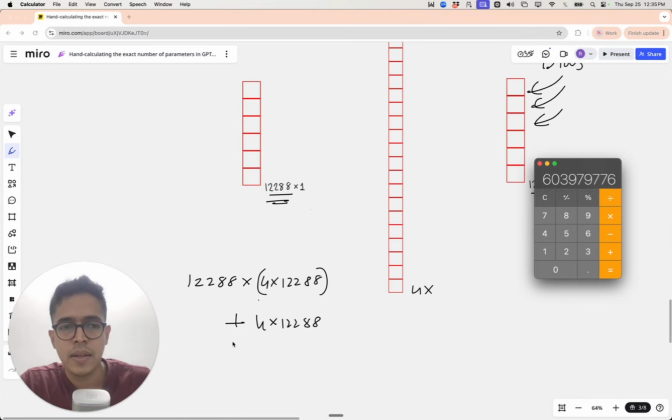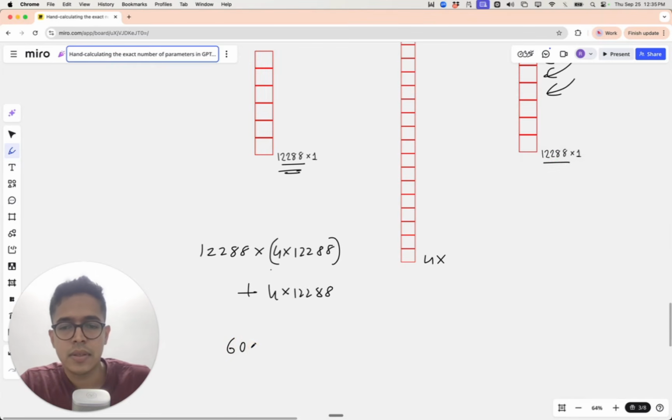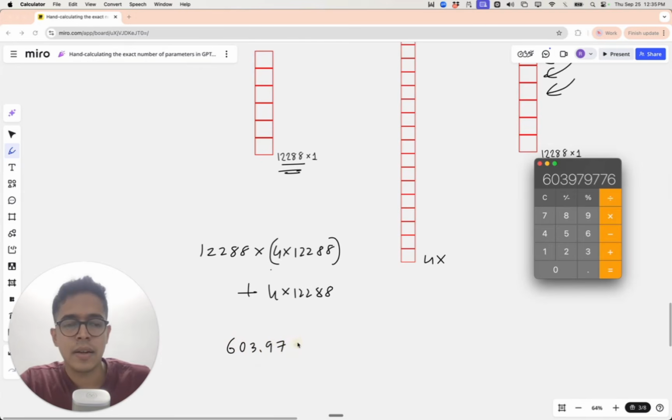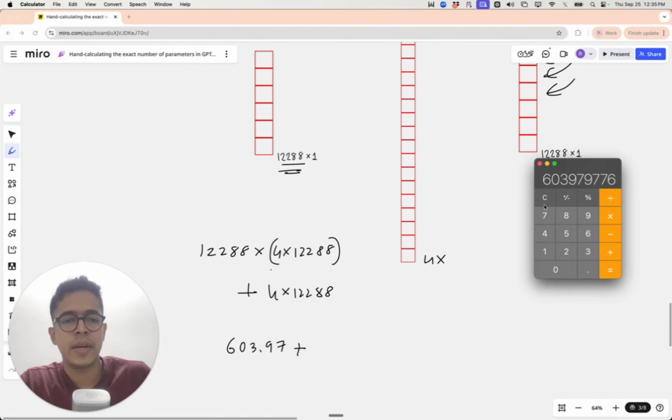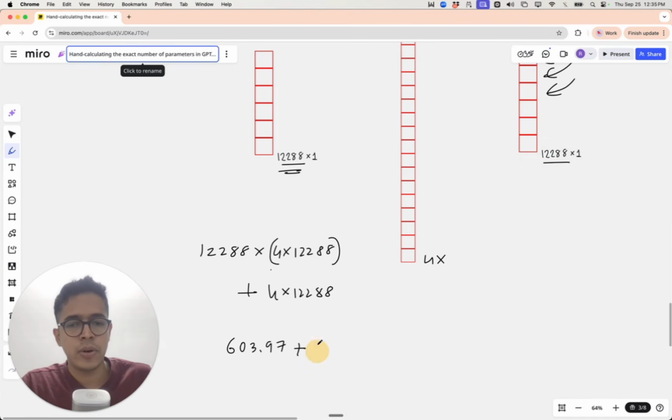So this will be 603.97 million plus whatever is 4 times 12288, equal to 49,152. So this is 0.049 million, right?